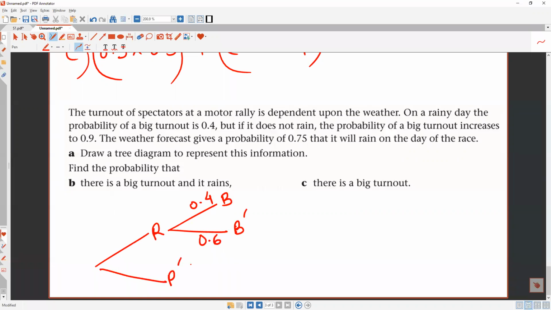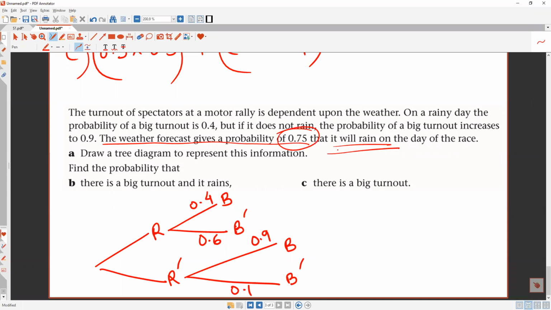But if it is not a rainy day, the probability of big turnout is 0.9 and no big turnout is 0.1. ঠিক আছে? They are saying the weather forecast gives the probability of 0.75 that it is going to rain that day. So what is the probability of raining? 0.75. And what is the probability of not raining?